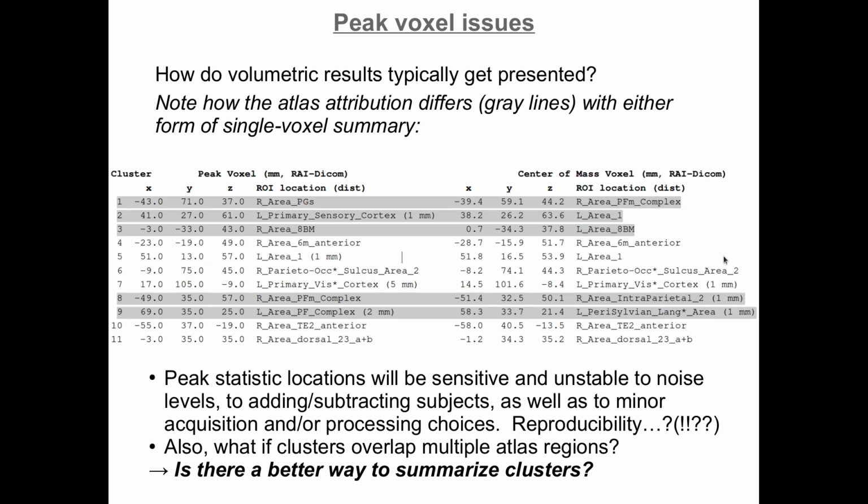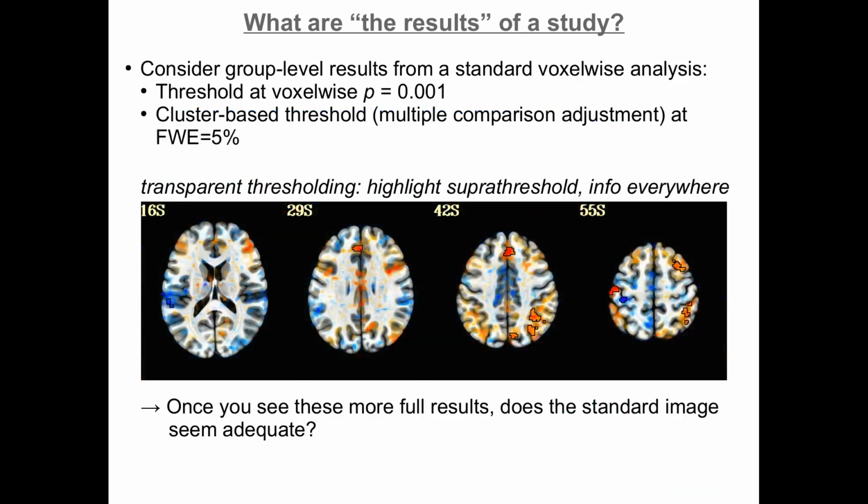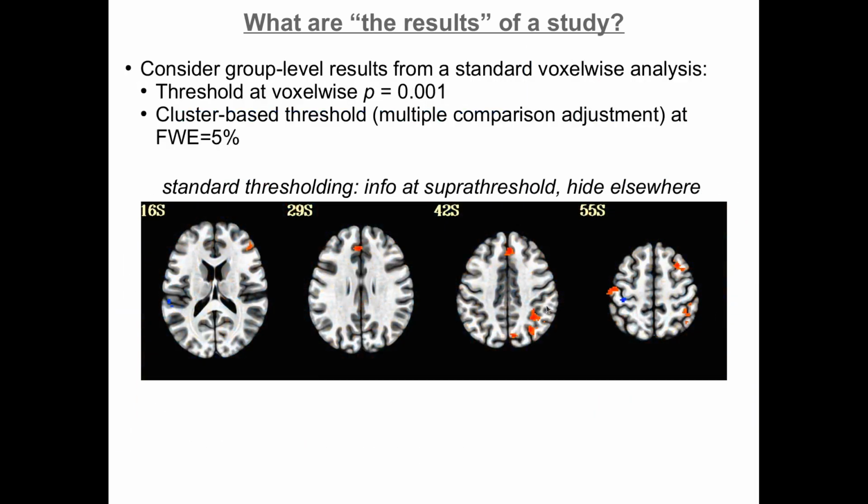The clusters that we get out of our voxel-wise analysis and things like that, they're pretty messy. They don't necessarily just fall within one region of interest. They're not always blobby. They have some linear structures. Consider here, if I go back to this image, this is actually all one cluster here. You don't see it through this slice, but they're connected in different slices.